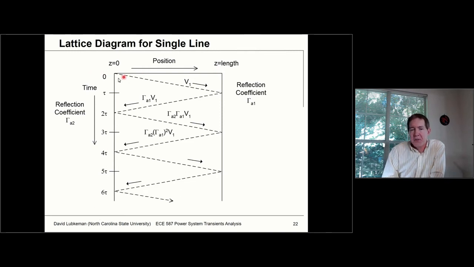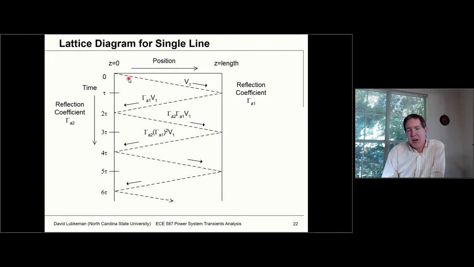And so I would set my time axis up in terms of time 0, the time it takes to get down the line segment, tau, 2 tau, this is the time it would take for the pulse to go all the way down to the end and back. Then I could have 3 tau, 4 tau, 5 tau, and 6 tau. And I'll usually put little dashed lines on here so I can track the magnitude of the waveforms.